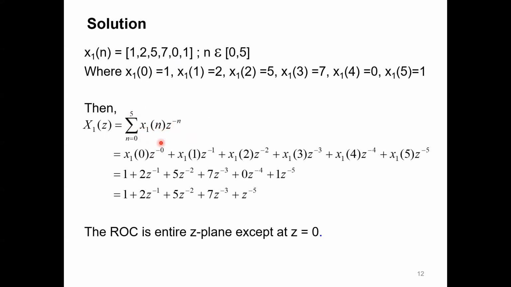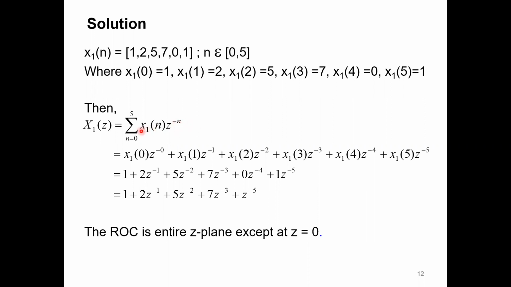This is the definition. You cannot forget it, because it's so simple. So now expand it and substitute. The x1[0] is z to the minus 0. That is the first term.